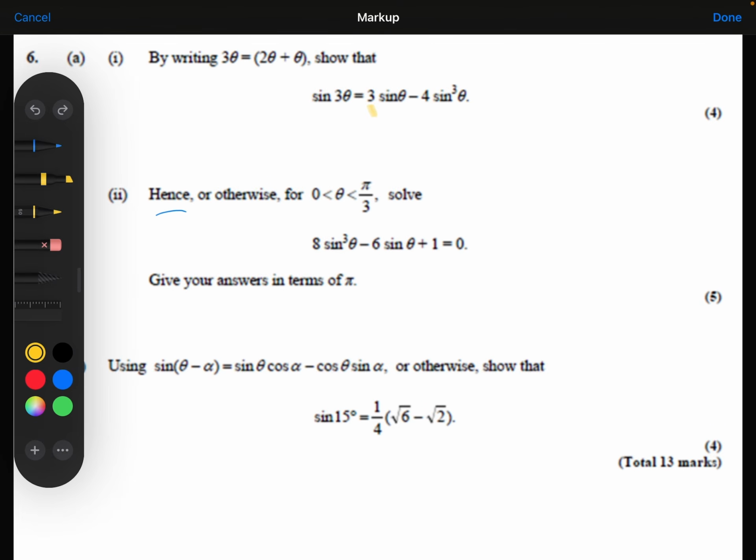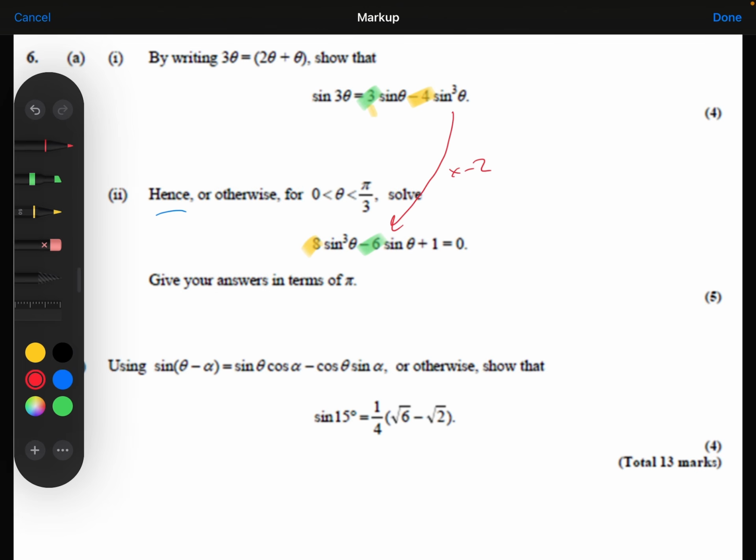I can see we've got a minus 4 here and a plus 8 here. And we've got a positive 3 here and a minus 6 there. So it looks to me that we're timesing by minus 2.